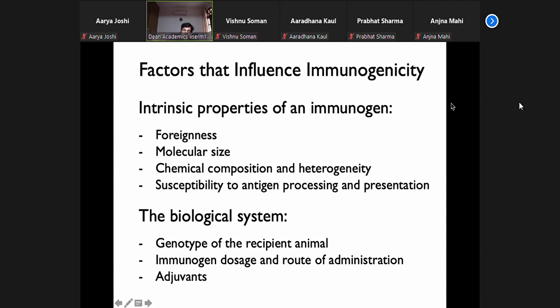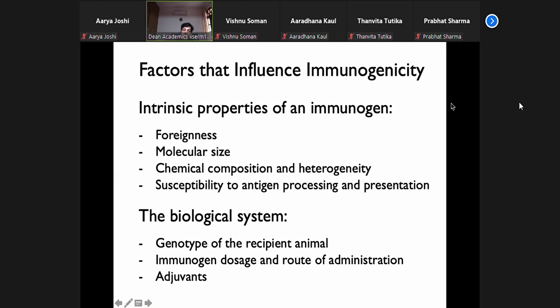But if you inject a protein which is refractory to antigen processing by your APCs, which have the machinery we call the proteasome, and also phagolysosomal degradation of your protein to generate specific peptides, and those peptides are not generated from this antigen, it will be less immunogenic, rather not immunogenic.